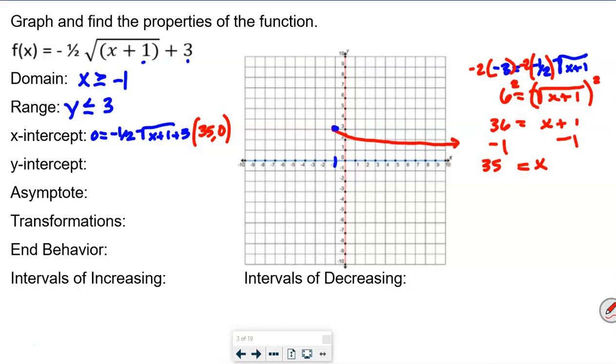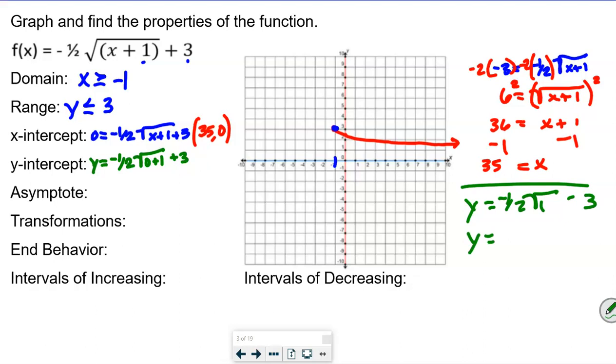So now, we saw the y-intercept, but I'm going to show you how to solve for that one too, just so you guys have it in your brain how to do it, okay? So when we're dealing with a y-intercept, this time we're going to put y equals -1/2 times the square root of 0 plus 1, plus 3. Okay, so I'm going to work that one out over here as well. So y is equal to -1/2 square root of 1, minus 3.